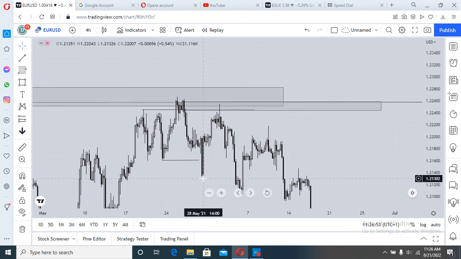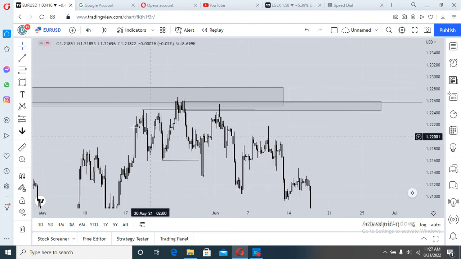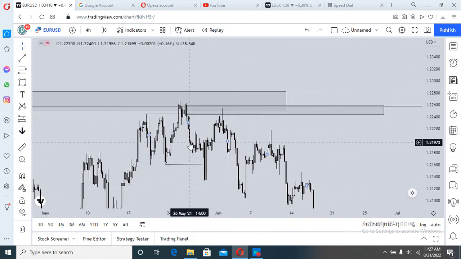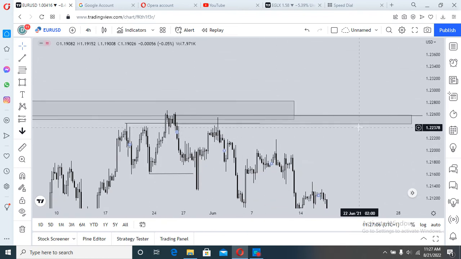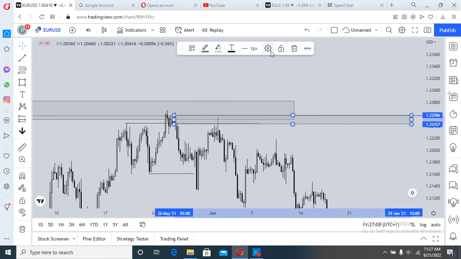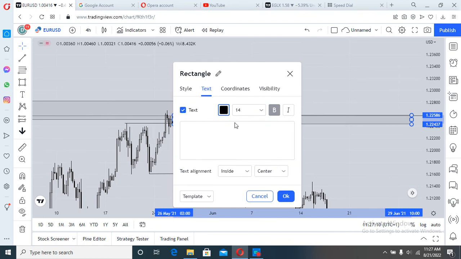So they sold to take out this high: stop hunt plus break of market structure plus return to order block. So what does the price do? It trades back to our area of supply.